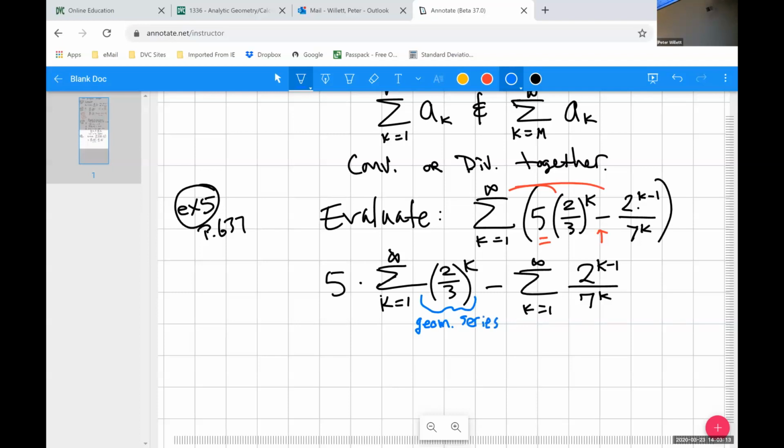If k is 1, I get 2/3. So that means the first term in my geometric series is 2/3. And what I'm multiplying by each time, since k is an exponent on the 2/3, getting bigger and bigger, is another 2/3.